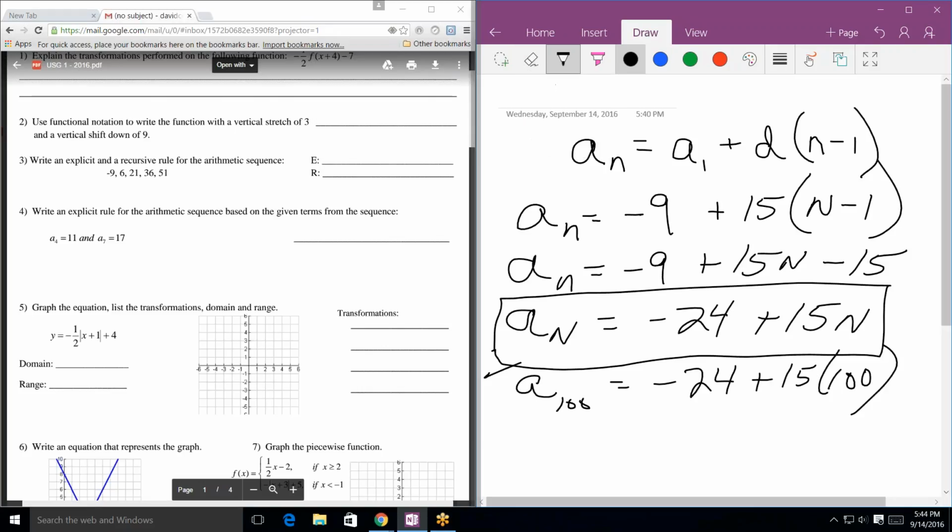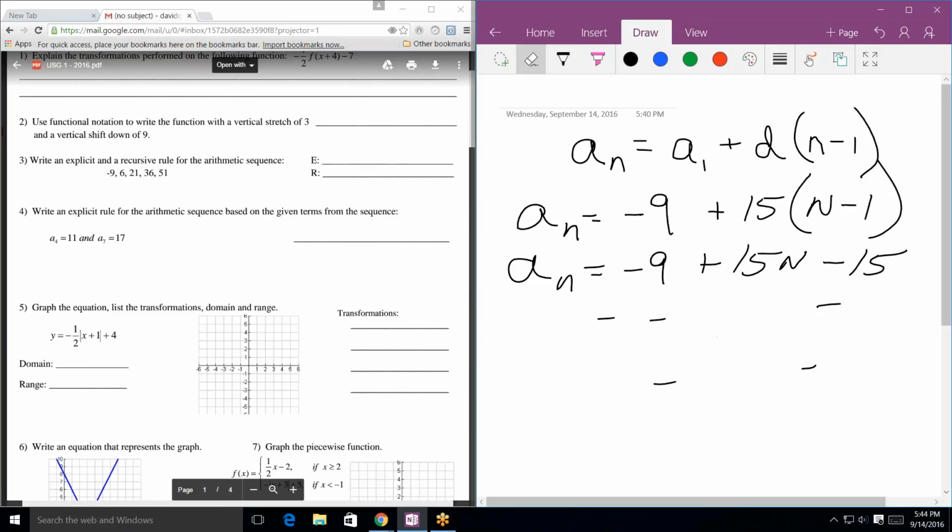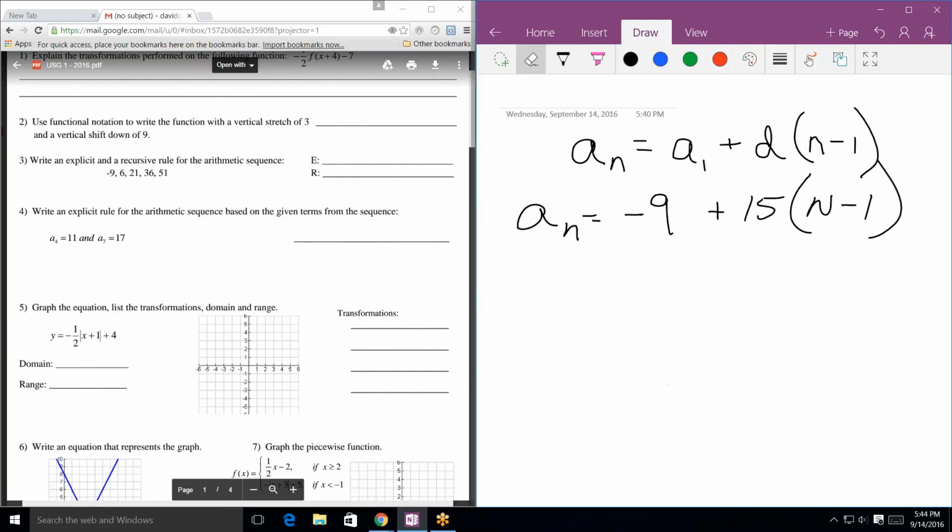Now, the recursive. The recursive, excuse me, still trying to learn this program. The recursive means defining your nth term in terms of the n minus 1 term. In other words, the recursive is always going to be that. Well, in this case, it's always the previous term plus the common difference, right?